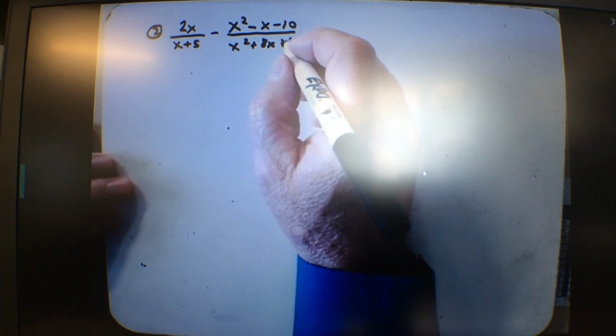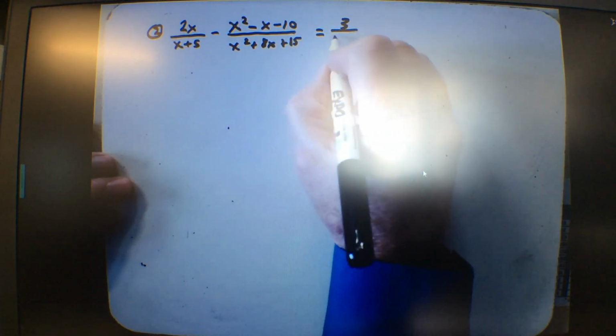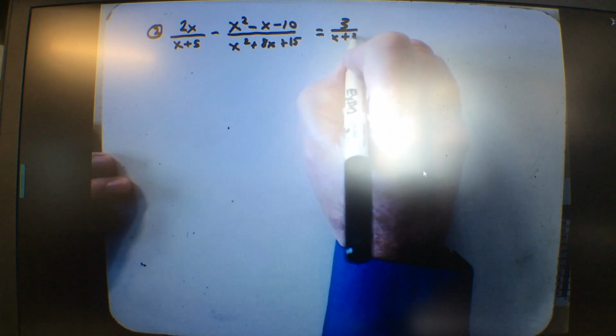Is that correct? Okay, equals 3 over x plus 3.